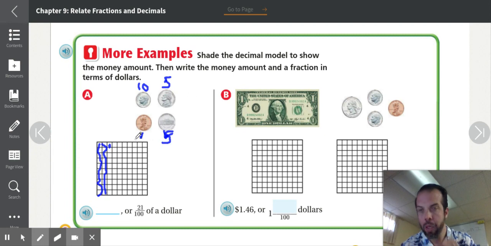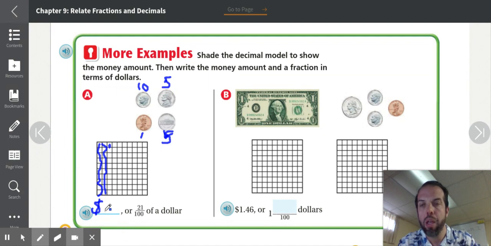All right. Now, they wrote the fraction because it says shade the decimal model. Just did that to show the money amount. Then write the money amount, which is going to be here, and a fraction, which they did for me. All right, so the money amount, that means I need a dollar sign. If I'm talking about money, it's an S with a line through it.